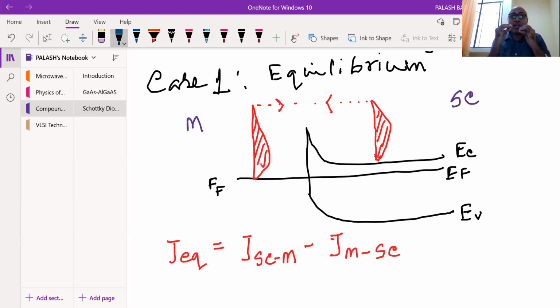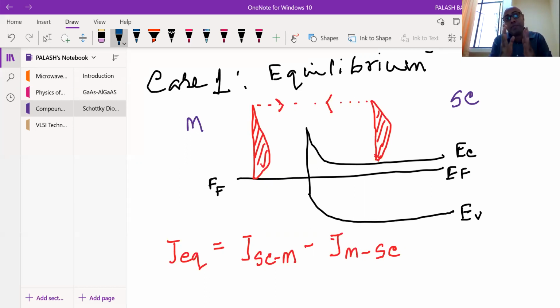On the semiconductor side, some electron is there, which is nothing but a majority carrier, because I have taken N-type semiconductor. It is experiencing the environment of a majority carrier. The moment it crosses the junction of the semiconductor and reaches the metal, it is also experiencing the same environment, like electrons in the metal being majority carriers.